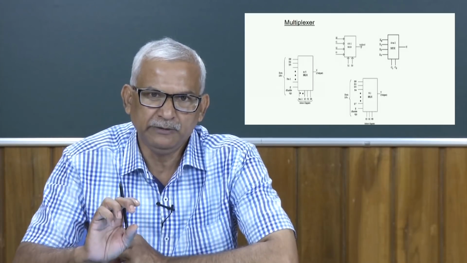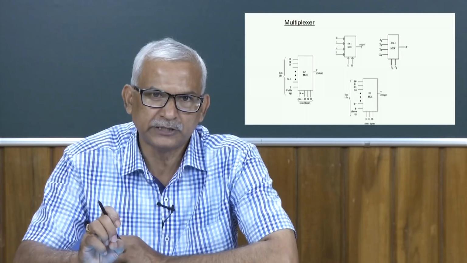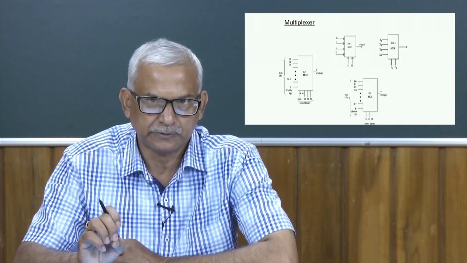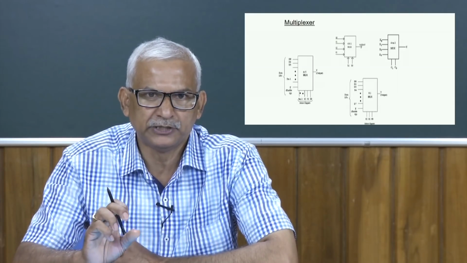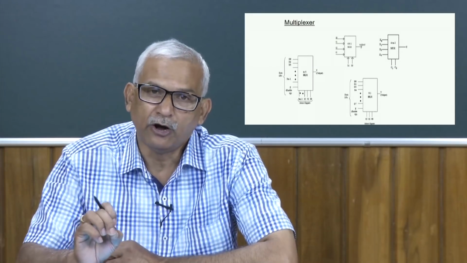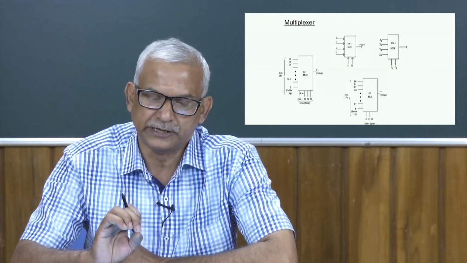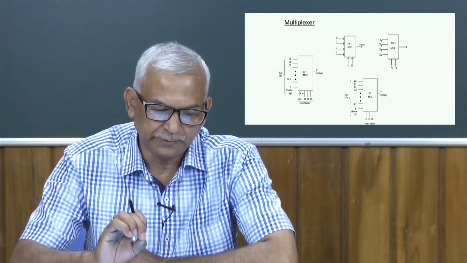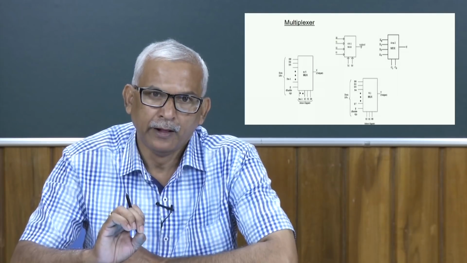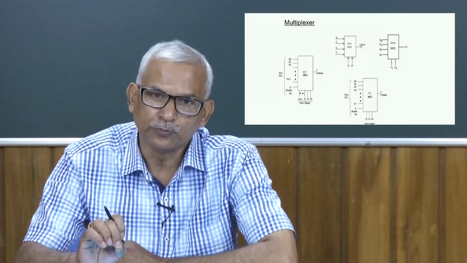So, it is basically going to multiplex or mask some of my input signals. We are having several signals. At any point of time, we are going to take only one signal out of those n possible signals. So, if we are having n input signals, we are going to put one of them to one output signal.